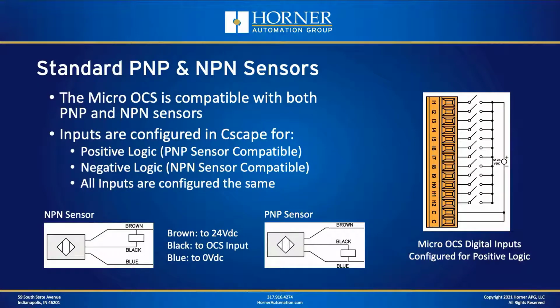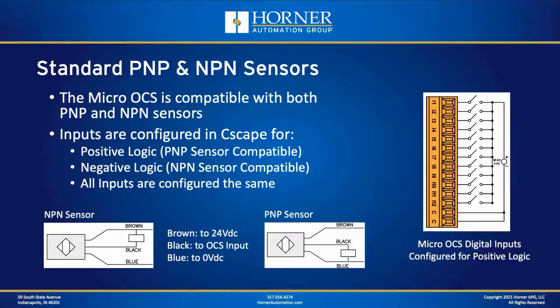So if you take a look at an NPN and a PNP sensor, let's start with the PNP sensor in the center there. You can see that typically, if it follows the standard color codes, you're going to have a brown, a black, and a blue wire, where the brown is your positive DC, your blue is your common or 0 volts, and your black is your signal wire.